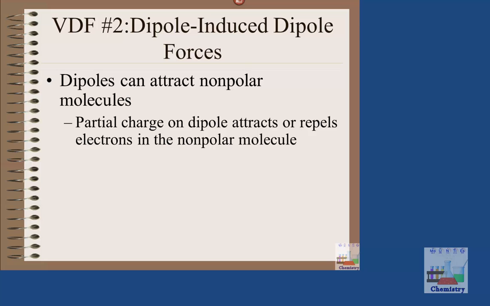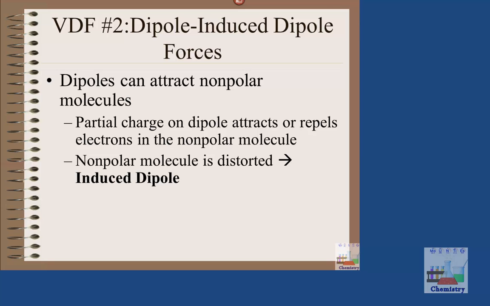So the partial charge that exists permanently on the permanent dipole will be able to either attract or repel electrons in the nonpolar molecule's electron cloud. And so when these particles are close enough to one another in proximity, because the charge effect is only going to be effective over a very small distance.